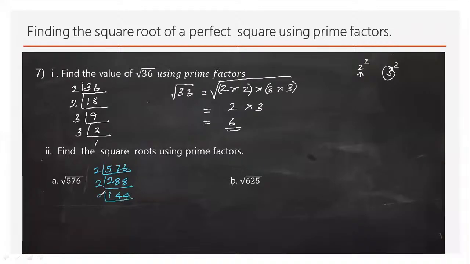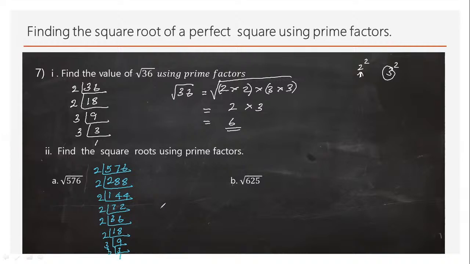Again divide by 2, 72. Again divide by 2, 36. Again divide by 2, 18. Again divide by 2, 9. Then divide by 3, 3. Again divide by 3, 1.